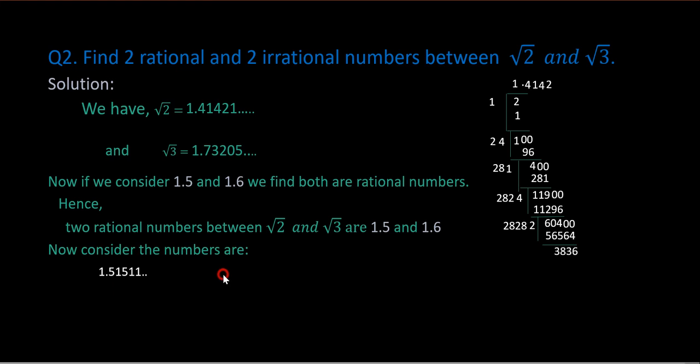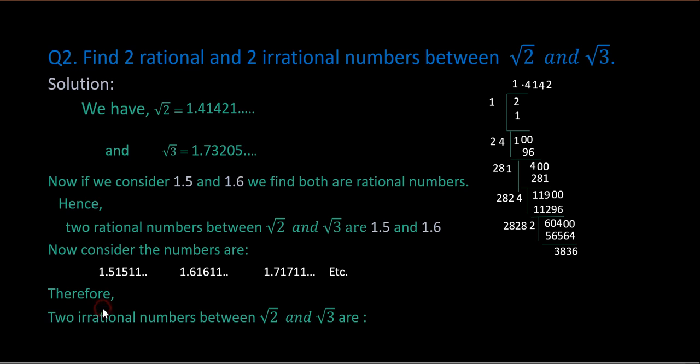Consider irrational numbers: after 1.4 we have 1.515, then 1.6, 1.611, then 1.7, etc. So as we have to find two irrational numbers, we can write therefore two irrational numbers between root 2 and root 3 are, let us take 1.5115 and 1.61611.